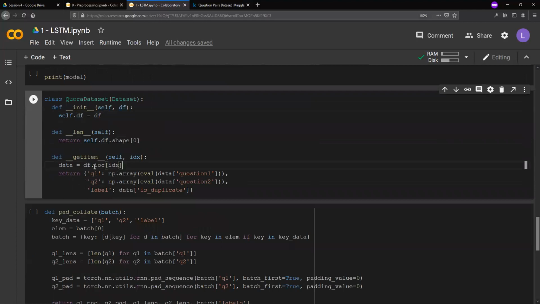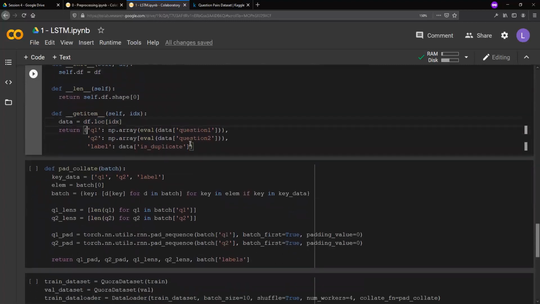And to retrieve each data point in our dataset, we select the specific row in the data frame based off the ID. And then we create a dictionary with our Q1, Q2, and our label, converting that information to NumPy.